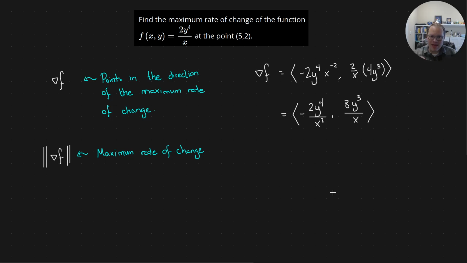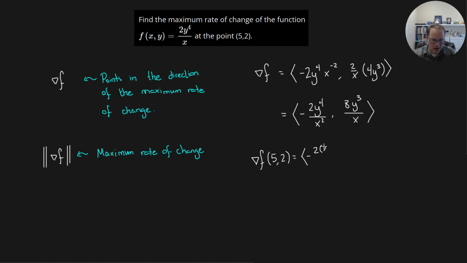Okay, I'm interested in what's going on specifically at the point (5,2). So let's plug that in. If I plug in 5,2, I get negative 2 times 5 to the fourth divided by 2 squared, comma, 8, oh wait, sorry, mixed up my x and y.